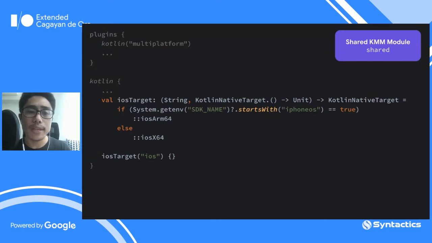If you're using a simulator, you have to use the x64 CPU architecture, and if you're deploying on a device, you have to use ARM. So there's some logic over here saying that if I'm using a phone, use the right architecture. If not, use the other right architecture. But we're just saying, Kotlin multi-platform, I want to target iOS, and this is how you say it.